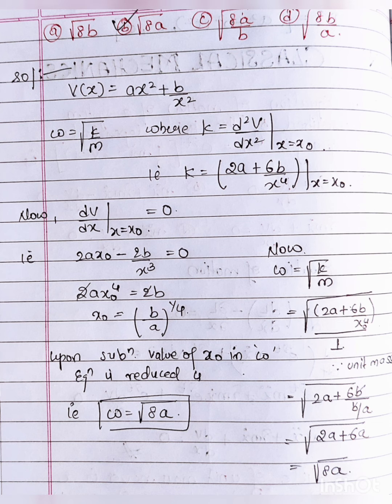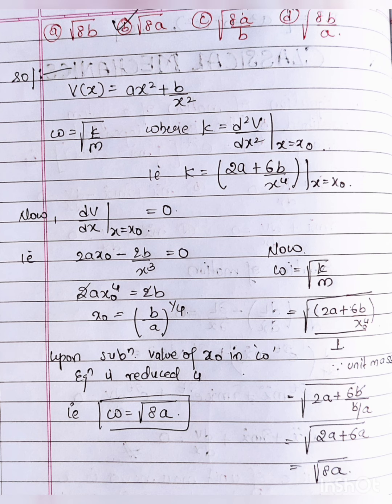Since for the given question they are asking about small oscillation, the given potential is v of x is equal to a x square plus b by x square. Here we know that the angular frequency is given by omega is equal to root of k by m, where the value of k is equal to d square v by dx square, at x is equal to x naught.